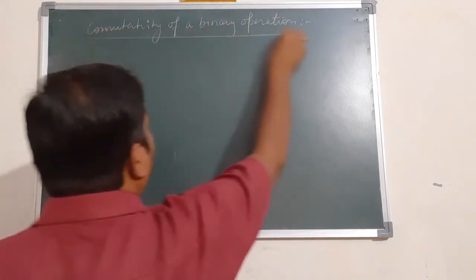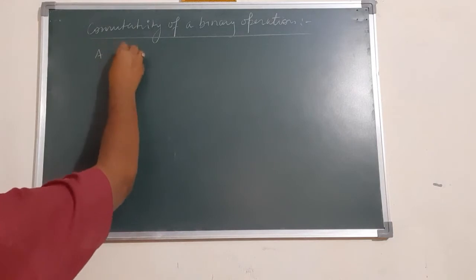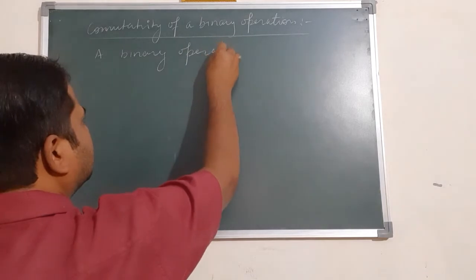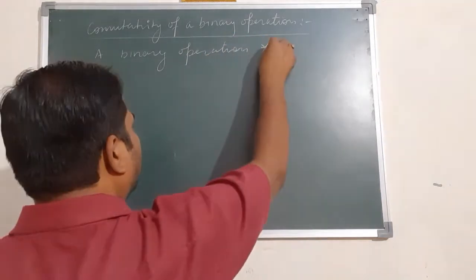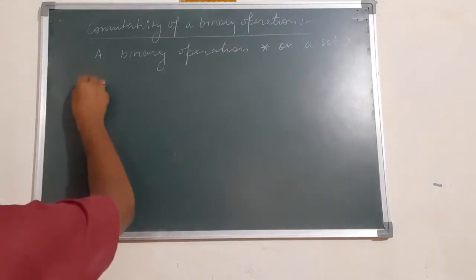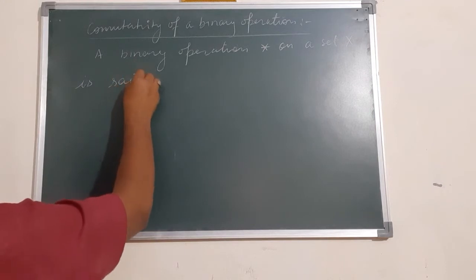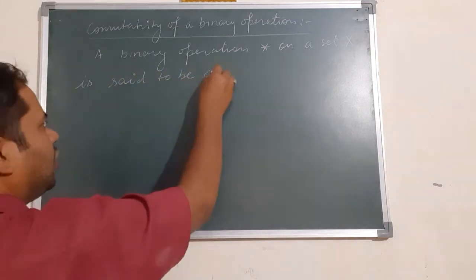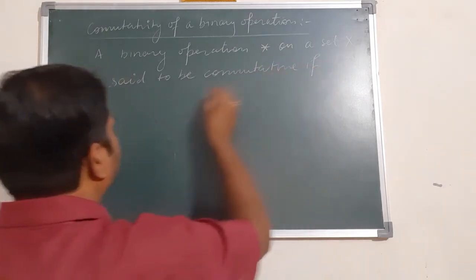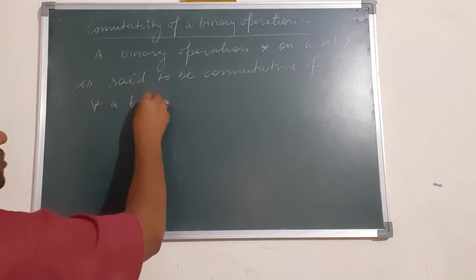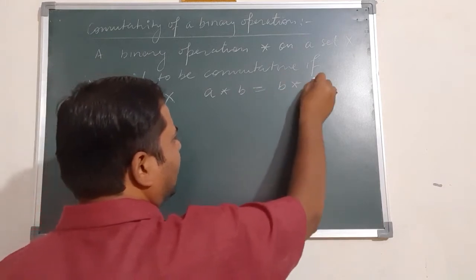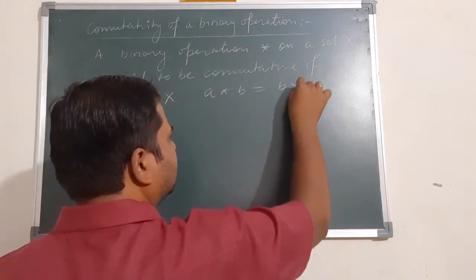A binary operation star on a set X is said to be commutative if for each A, B belongs to X, A star B is equal to B star A.